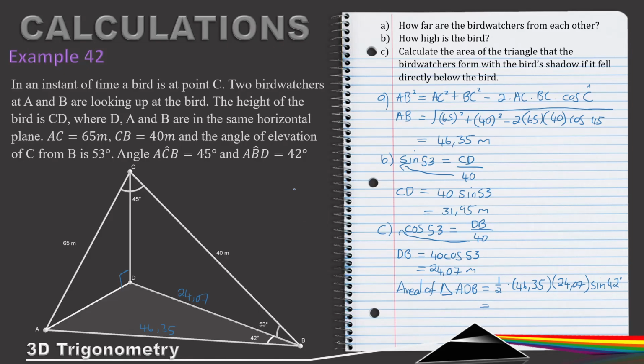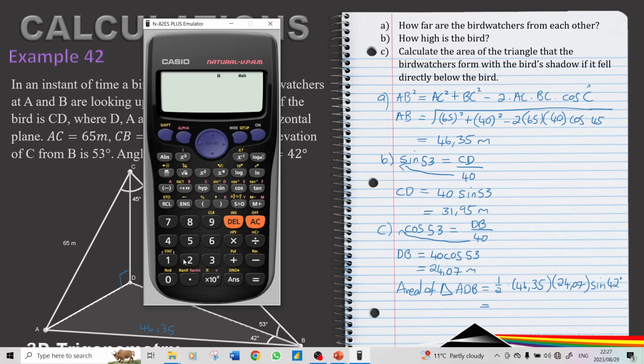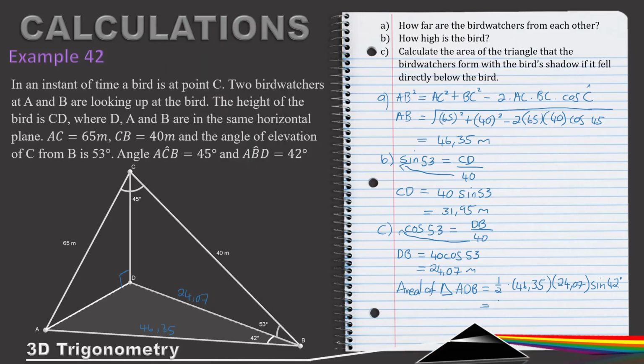Okay, and then the easy part. So I'm just going to type 0,5 instead of 1 over 2. That's just my preference. And then times 46,35 times 24,07 and times sine 42. Okay, so that gives us 373,26. Okay, and remember the units, because it's area, it's going to be meters squared.